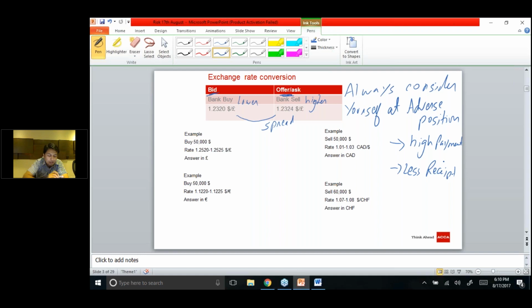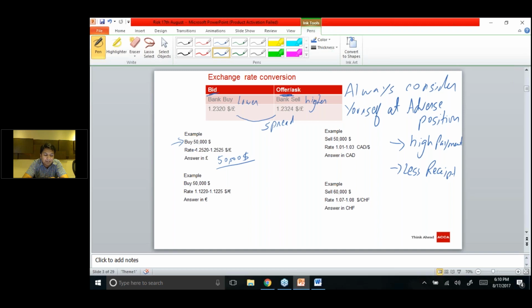Let's learn it with the help of examples. Let's say you are in the UK and you are going to buy $50,000 and you need your answer in pounds. By applying the previous slide's principle, as the dollar can be cancelled out, you are going to divide by the exchange rate, and you are going to buy this currency.